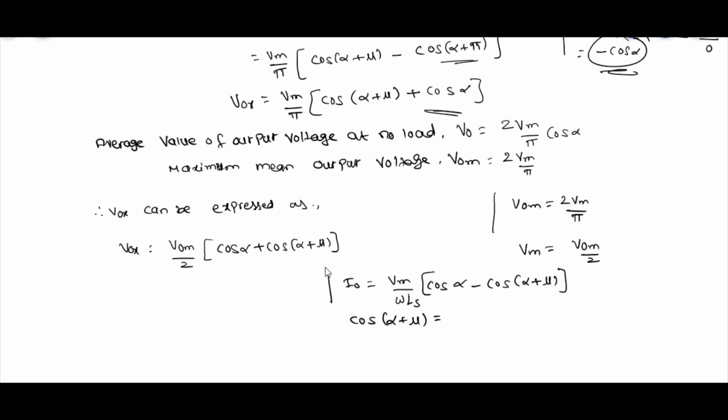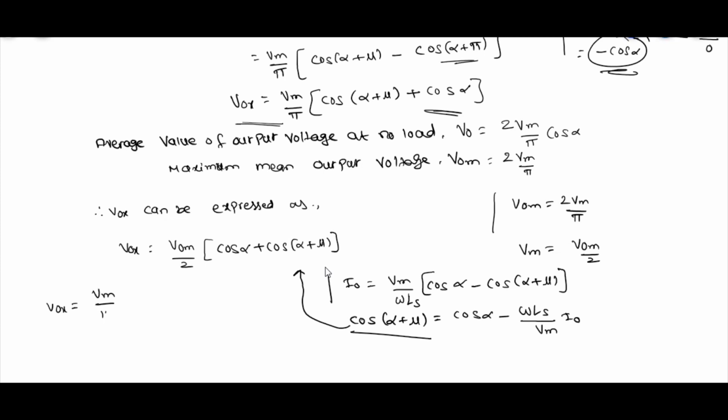Cos alpha plus mu from this is cos alpha minus omega Ls by Vm into I naught. So let us substitute this value in this equation. We need to substitute the value of cos alpha plus mu in the equation VOX. So what answer will you get?